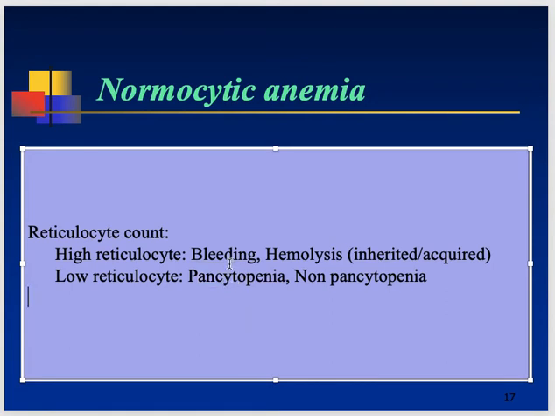One example of this is aplastic anemia, in which the body is not making all the cell lines. Parvovirus B19 infection in kids or in adults can sometimes give aplastic anemia, where the bone marrow stops working on all the cells.